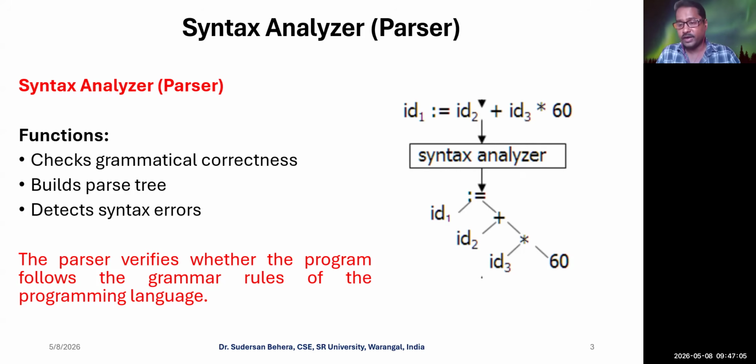So what is the output? It imposes the grammatical structure on the collected tokens and checks whether the sentence is correct or not, whether the tokens are properly arranged or not. Imagine if you write 60 equals int a, will the sentence be correct? No. But what will be the correct sentence? Int a equals 60, right?